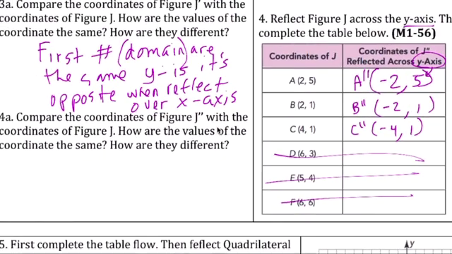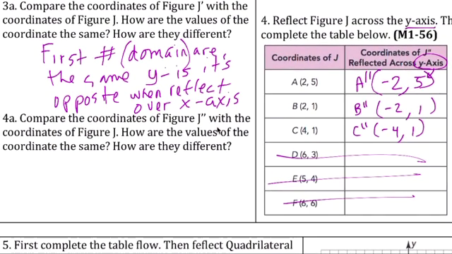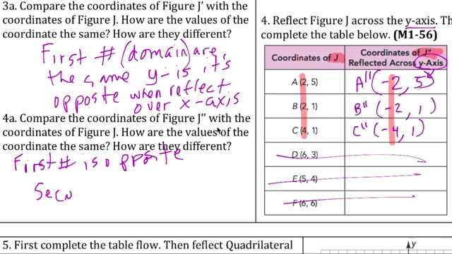Compare the coordinates of J double prime with the figure of J. The x's are different. The first number is opposite. The second number is the same.